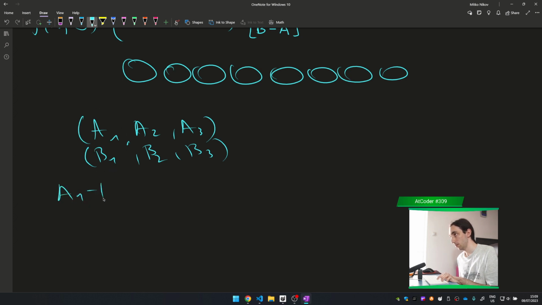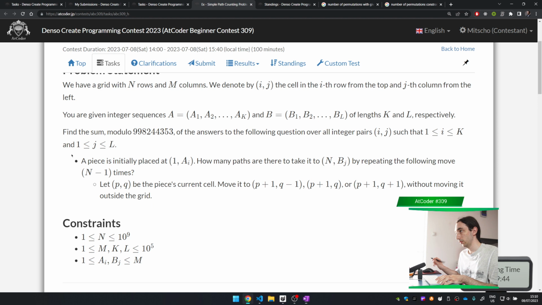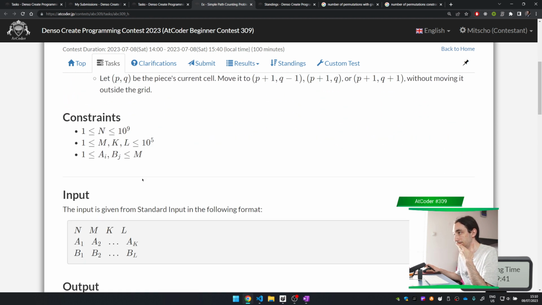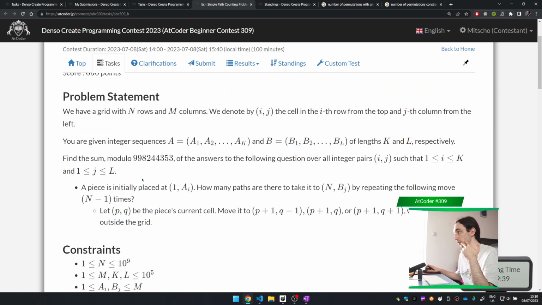So A1 minus B1, A1 minus B2, yeah, essentially we want something like this, the absolute value of all of these. Right? Is that correct? I think that is correct.